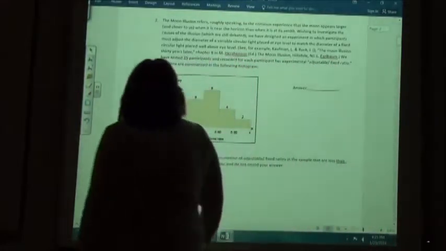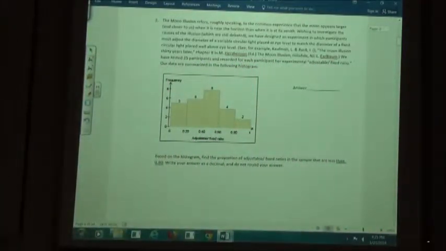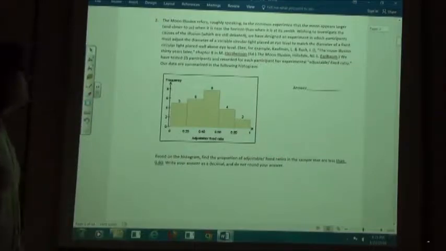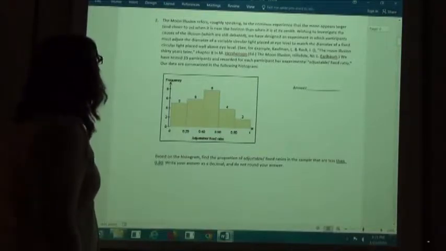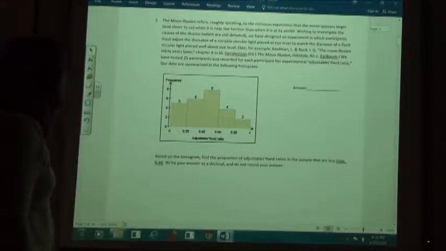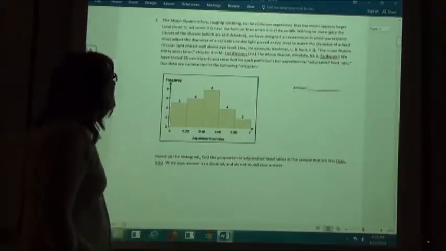The moon illusion refers, roughly speaking, to the common experience that the moon appears larger and closer to us when it is near the horizon than when it is at its zenith. Wishing to investigate the causes of the illusion, which are still debated, we have designed an experiment in which the participants must adjust the diameter of various circular lights placed at eye level to match the diameter of a fixed circular light placed well above the eye level.